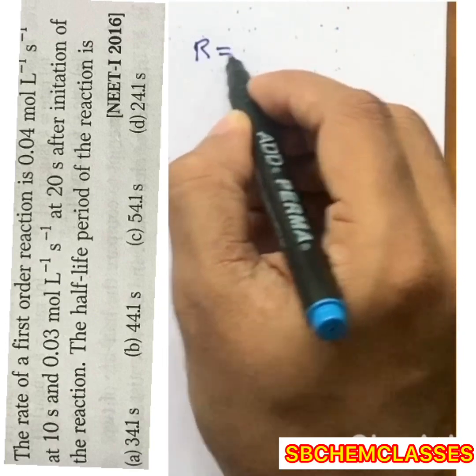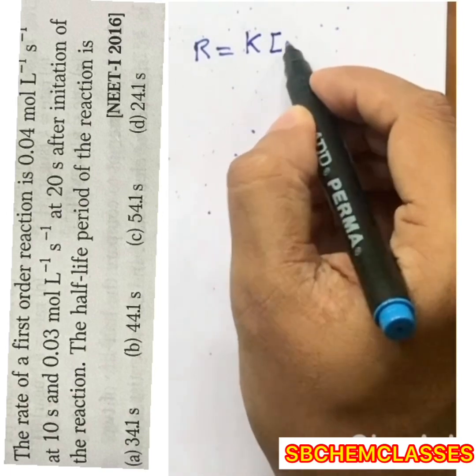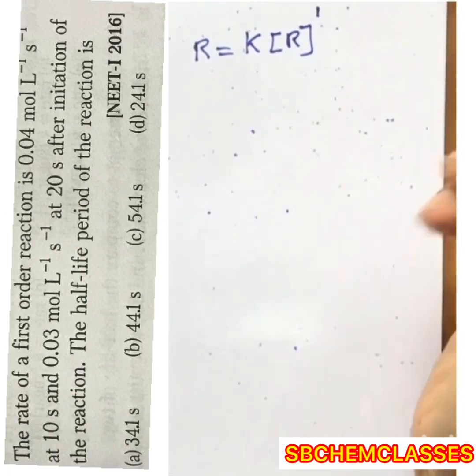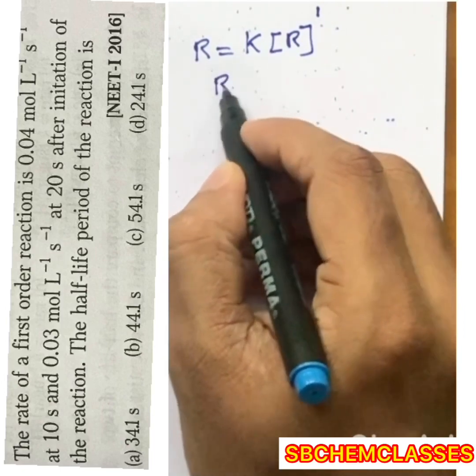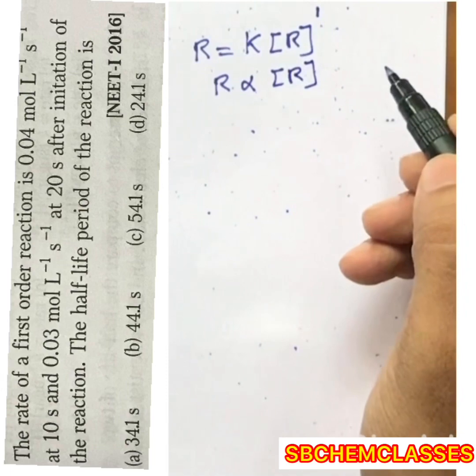A first order reaction has rate equal to rate constant times concentration of reactant raised to 1. So rate is directly proportional to concentration of reactant.